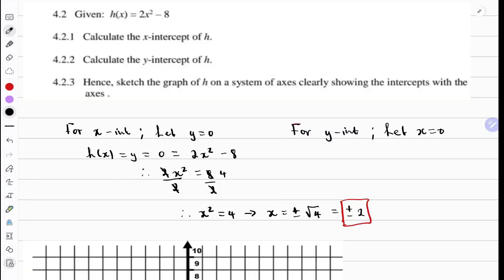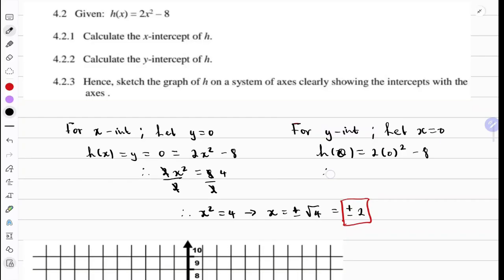So it means that h of 0 should be equal to 2 multiplied by 0 squared minus 8. So therefore y should be equal to negative 8. So this becomes your y-intercept.